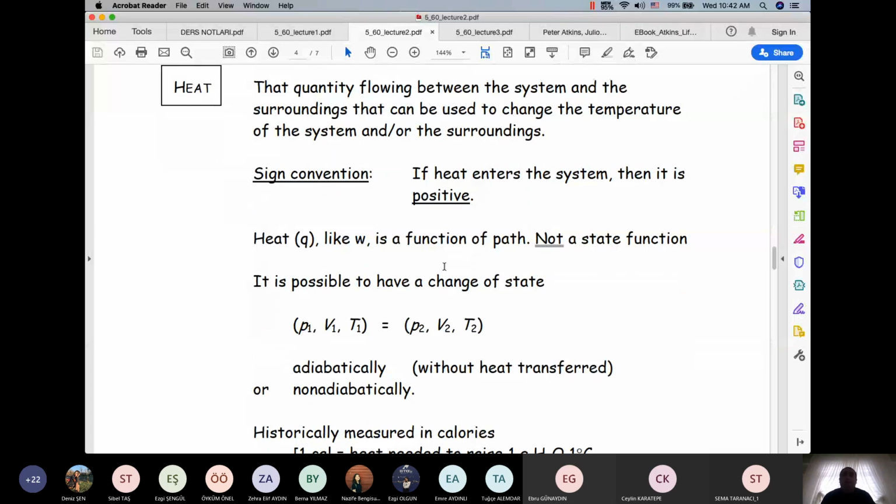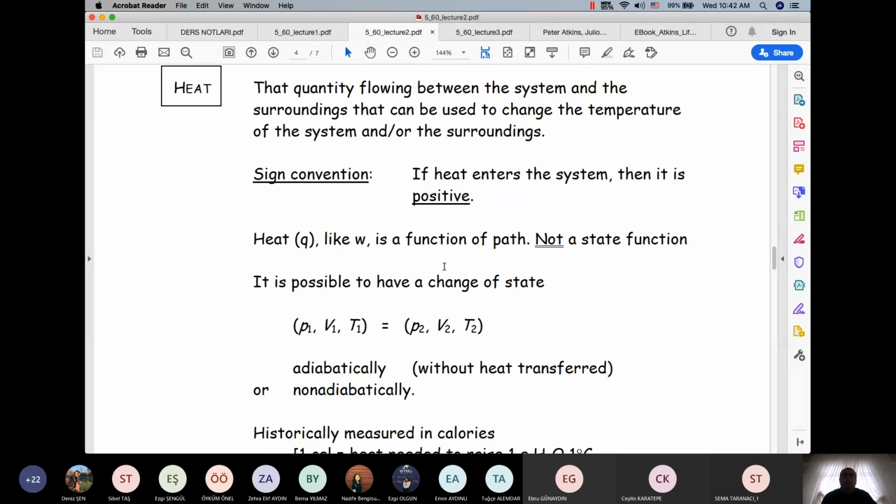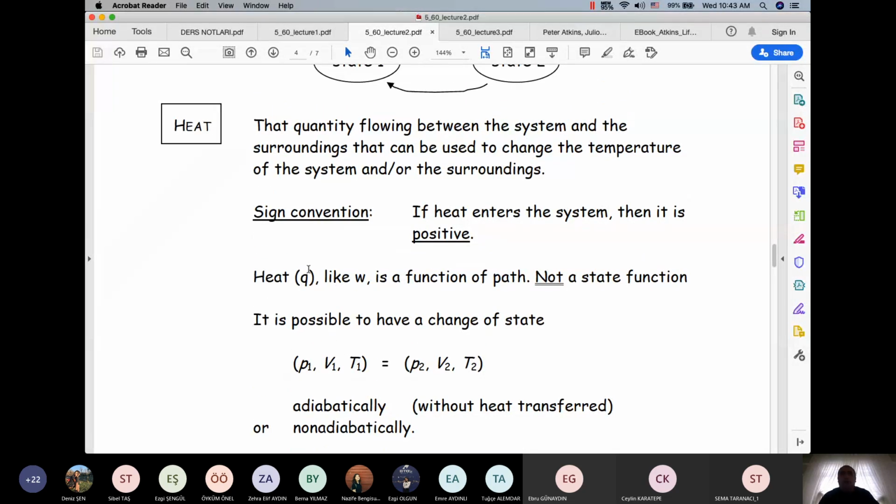Okay, we define these definitions. There's this one that we have to know actually. If the heat enters the system, then it is positive.